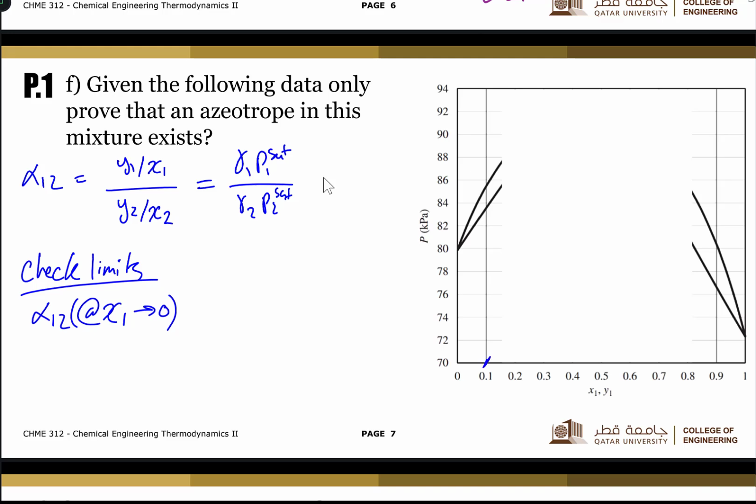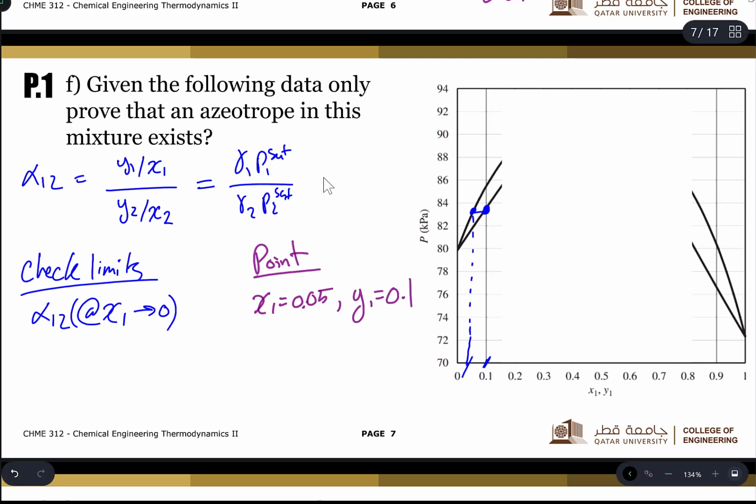I picked this point here, where y1 equals 0.1, and then x1 would be whatever the value from a straight line would be down here. The point I got was x1 equals 0.05 and y1 equals 0.1.